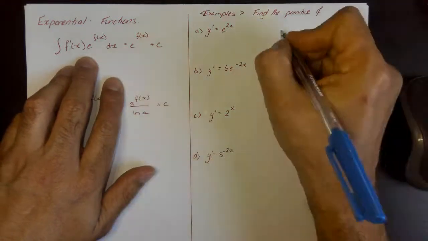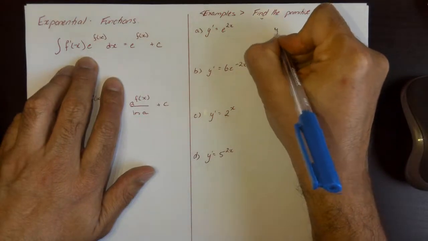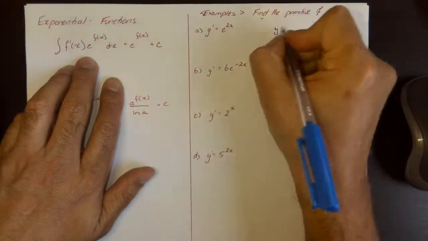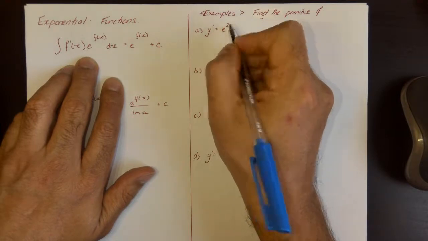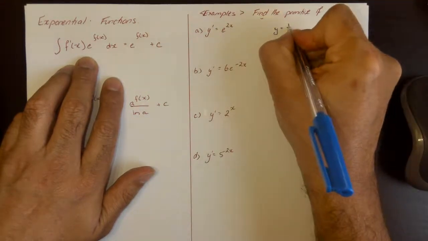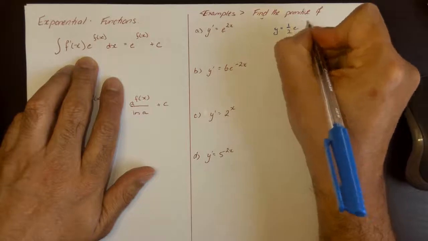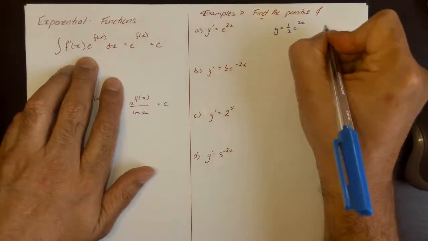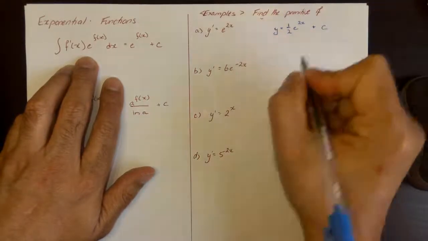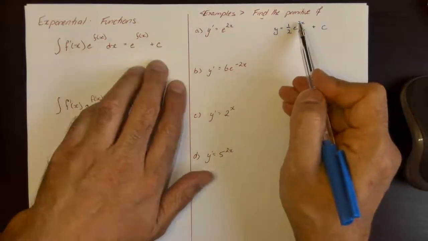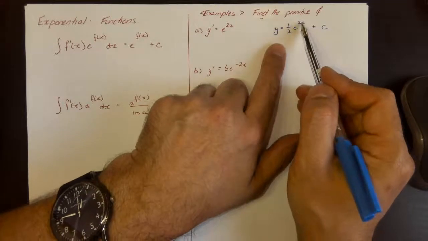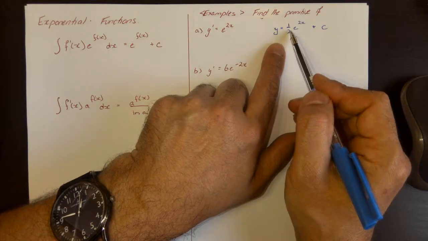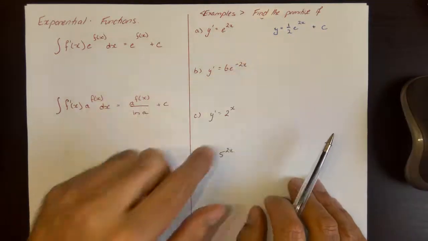Okay, so what I want to do is compensate for this derivative of 2. So I'm going to put a half e to the 2x plus c for the constant. So that says if I was to differentiate this, I shall get that. Bring the power of 2, 2 lots of halves is 1, gives me e to the 2x.